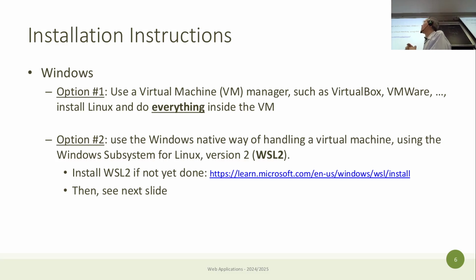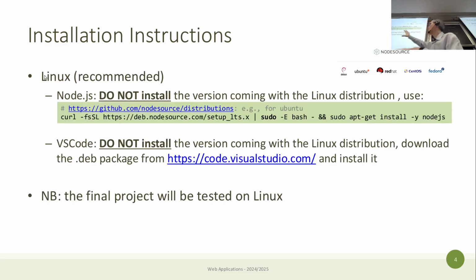Option number one could be to use a virtual machine manager like VirtualBox and so on, install Linux in Windows, and basically do everything inside that box. It's like you have another computer with Linux, and so once you install Linux, you go back to this point: how to work with Linux.